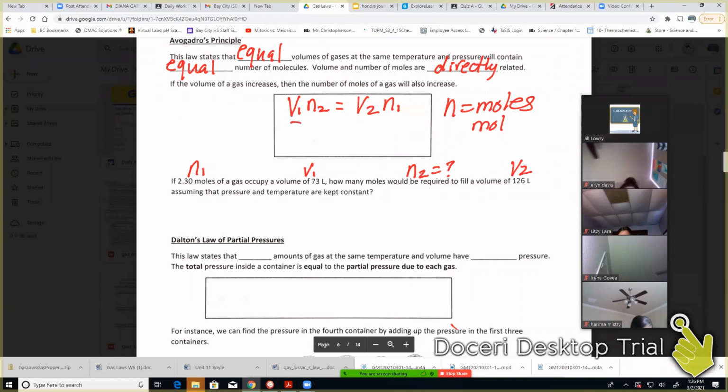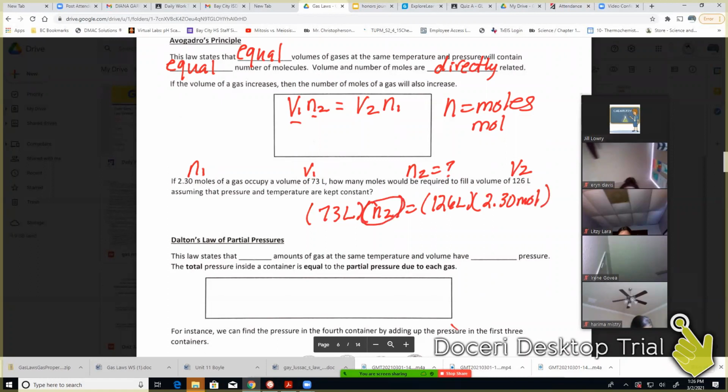So we just start plugging in on our formula. V1 is 73 liters. N2 is my unknown. V2 is 126 liters. And N1 is my 2.30 moles.